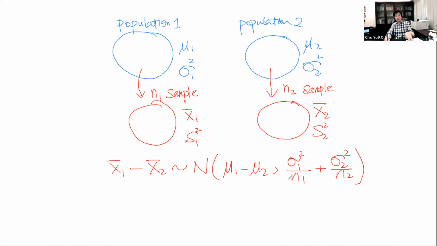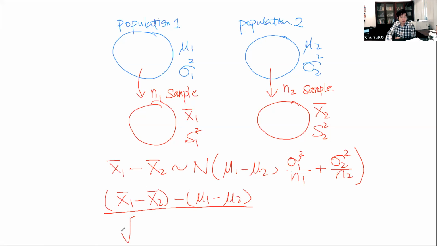Again, if you know the sigmas, we can just do very simple hypothesis testing. If you don't know them, then use t. So basically you have this expression, and you replace sigma 1 by S1 and sigma 2 by S2, and when you replace these, it becomes a t distribution. The tricky part is the degrees of freedom. It turns out to be a very complicated expression.